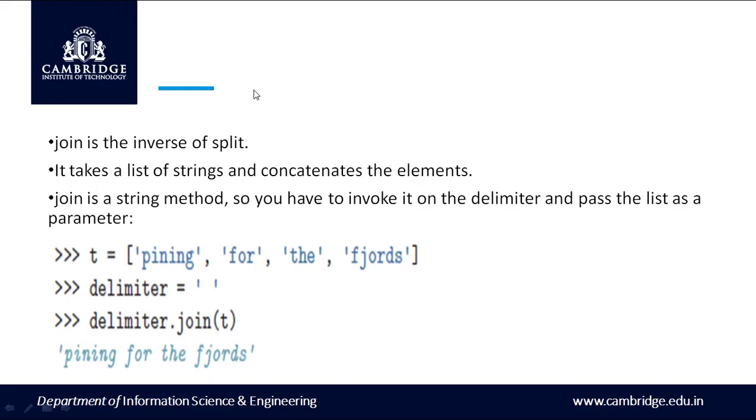In this example, we have a list called t, which has the words pining, for, the, and fjords. These are the list of strings. We are going to use the delimiter, that is space, and using the join method, we are going to join all these words. When we execute this statement, you can see the list of strings being converted to a string of characters.